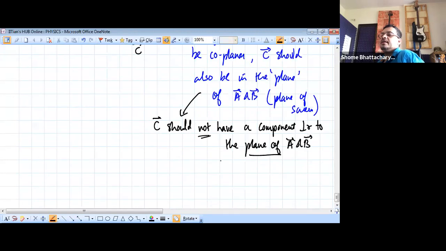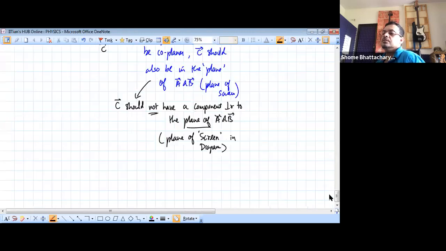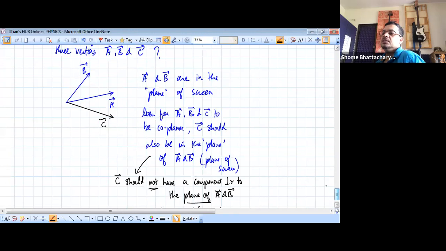That is, in my diagram, it is the plane of the screen. That is the meaning of this. Now let us see how we'll find the mathematical condition. That is the meaning of coplanarity of the three vectors.